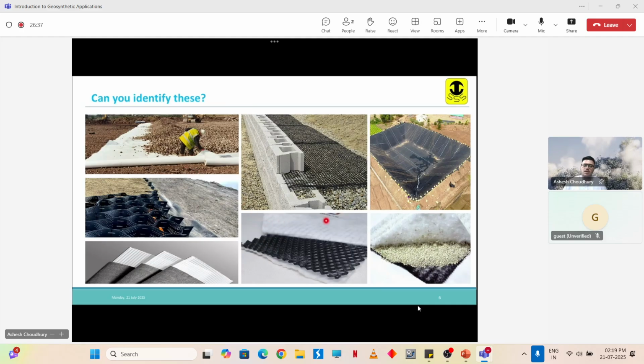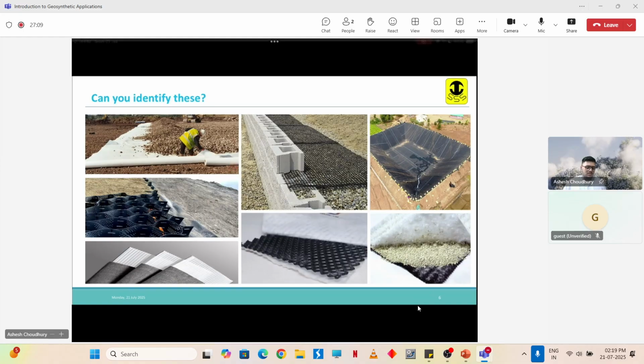And then here we see some soil material sandwiched between two layers of some sheet. So these are the initial observations that we are able to make, isn't it?